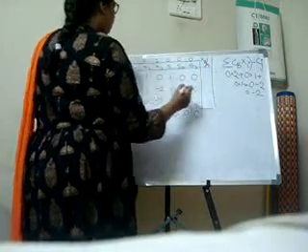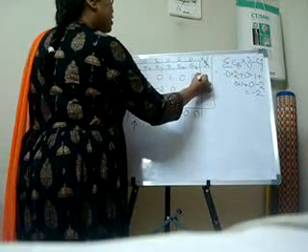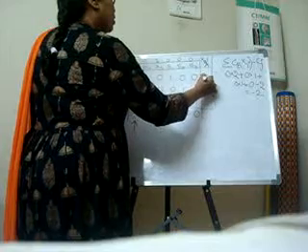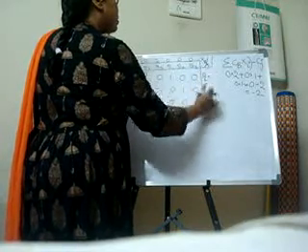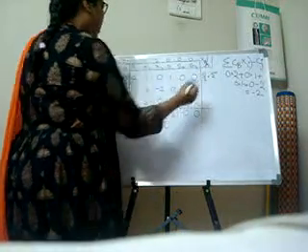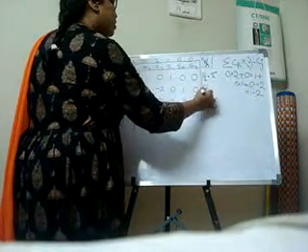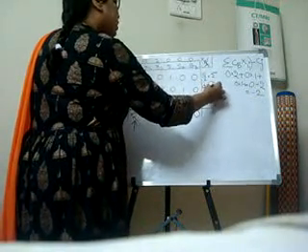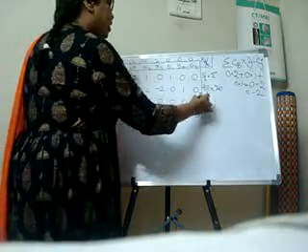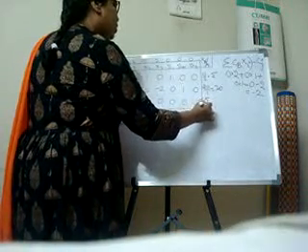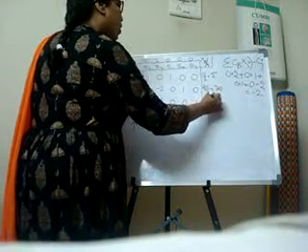So 10 divided by 2 is equal to 5. Then 20 divided by 1 is equal to 20. And 5 divided by 1 equals 5.